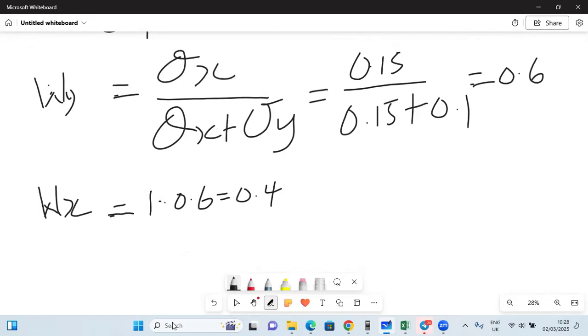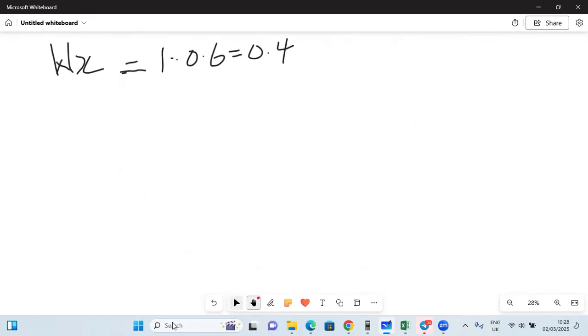So if you want to construct a risk-free portfolio, we are going to put this new weight in our formula. Remember our formula there already, right?